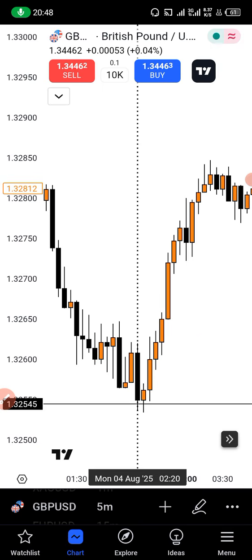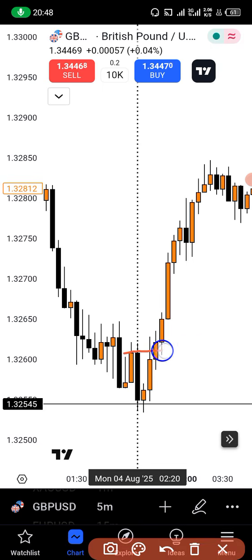Look at when price broke this level here. Can you see how price came back to retest? Retest where? Retest here. You can see how price came down and moved out. Do you see that? So imagine you had your trade there.